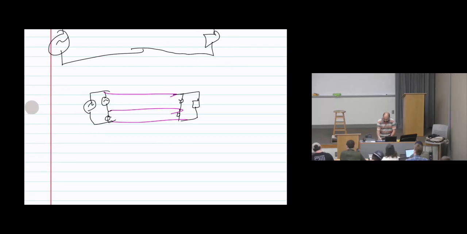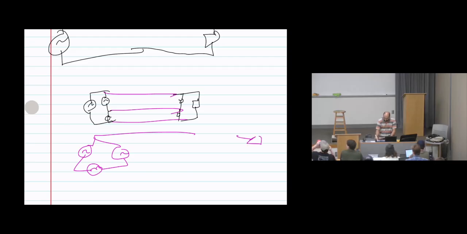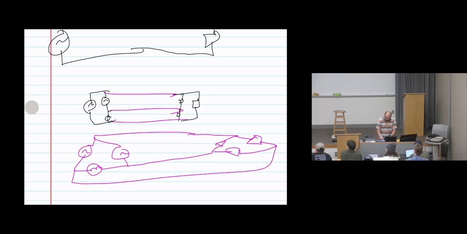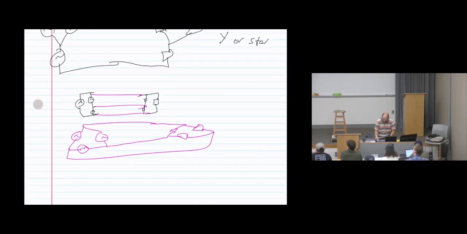So with this one, we can write it this way, like a delta shape. So this shape is called delta, or in other words, delta connection.